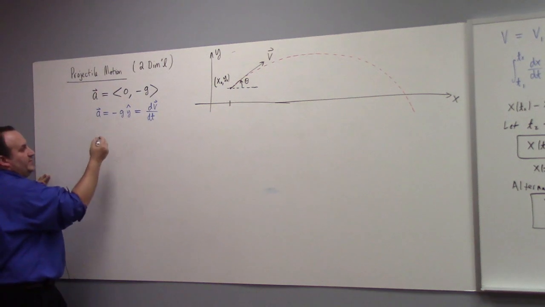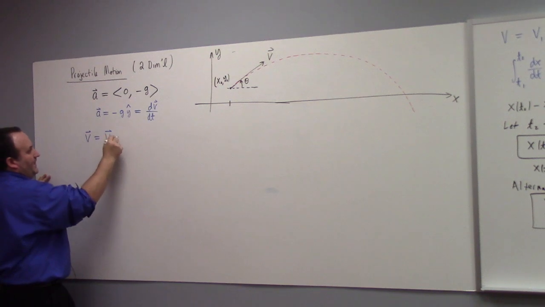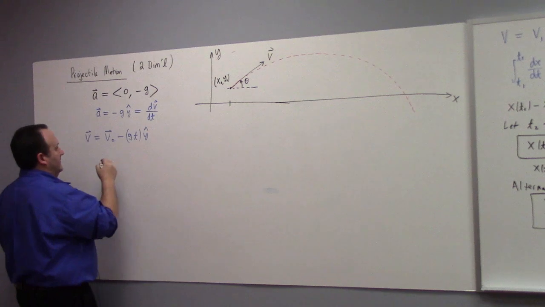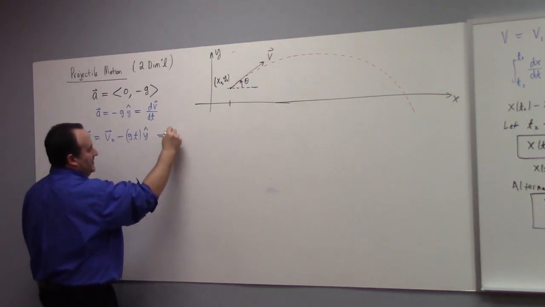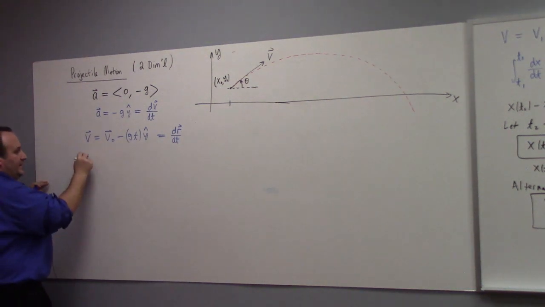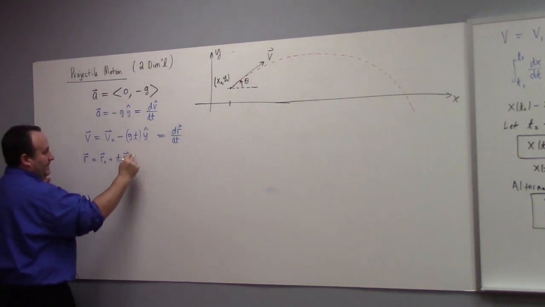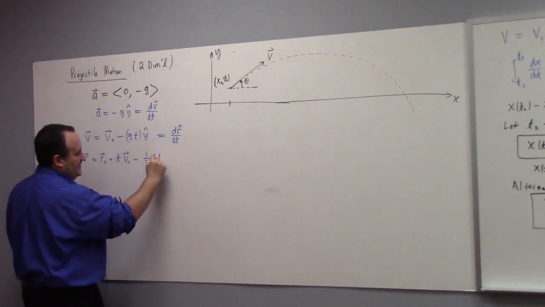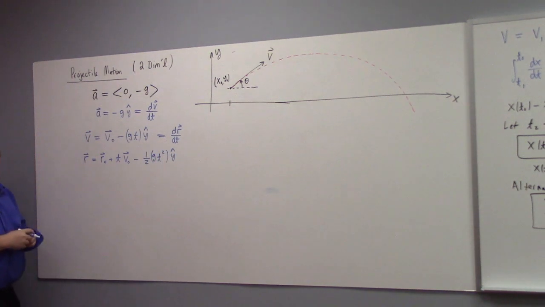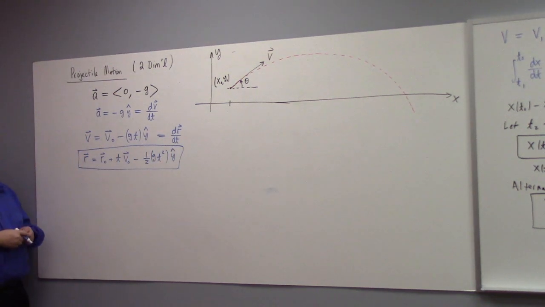Integrate both sides from time 0 to time t, I get v is equal to v sub 0 minus gt y-hat. Integrating a second time, this is dr dt, the position as a function of time. Integrate again, I get r is equal to r0 plus t times the initial velocity minus 1/2 gt squared y-hat. And there you go. This is the position as a function of time if we use a vector formalism.